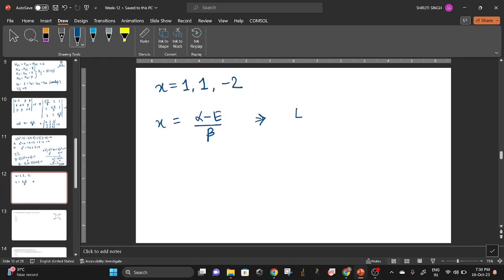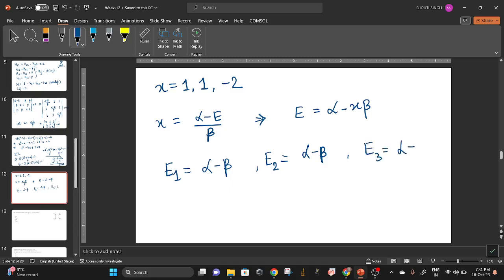It implies E is equals to alpha minus x times beta. So when I'm putting x equals to 1, it will be alpha minus beta. Again x is equals to 1, so second energy, it is alpha minus beta. And then when I'm putting x equals to minus 2, it will be alpha plus 2 beta.